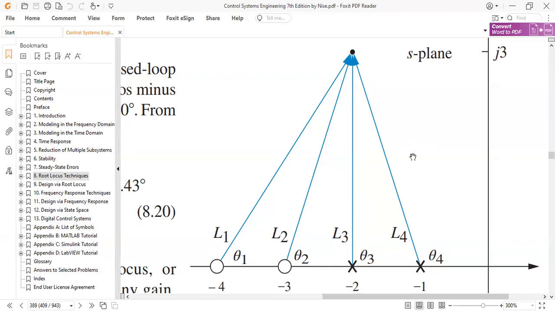Yes, sir. Okay. So the next thing is, what is going to be the length of this base? What is going to be the length of this base? Sir, 1.